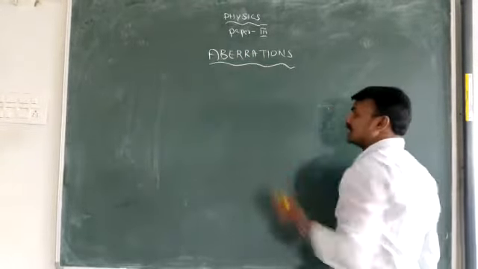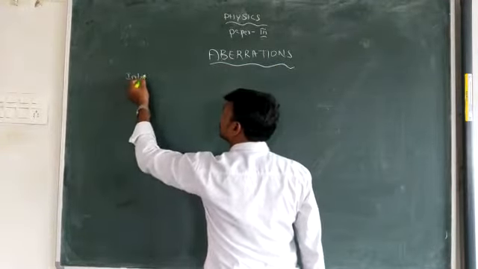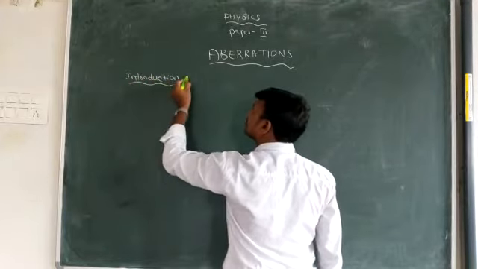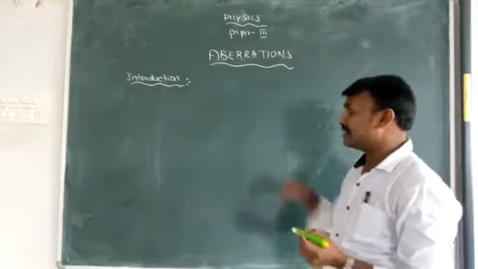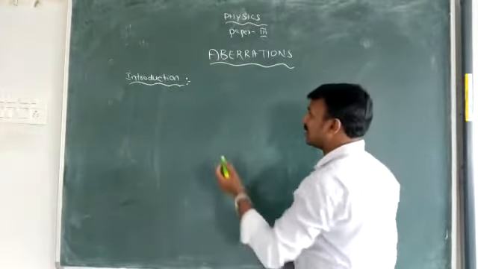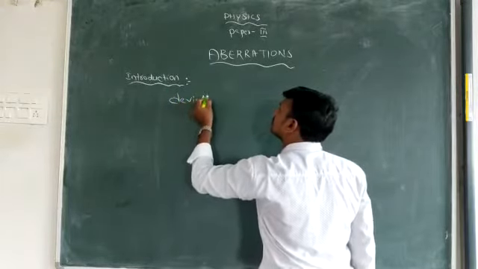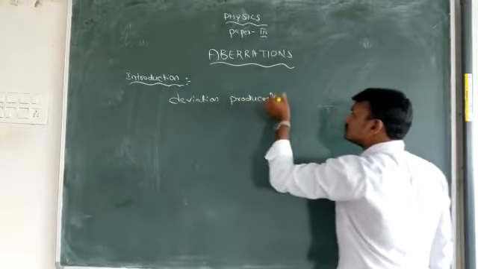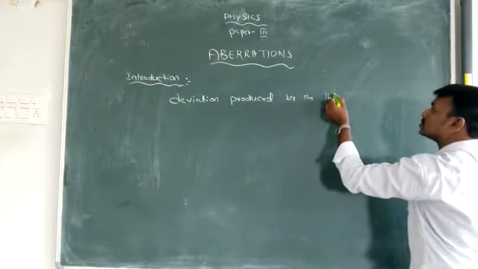In these aberrations, the introduction of aberration: deviation produced by the lens. The introduction topic is deviation produced by a thin lens.